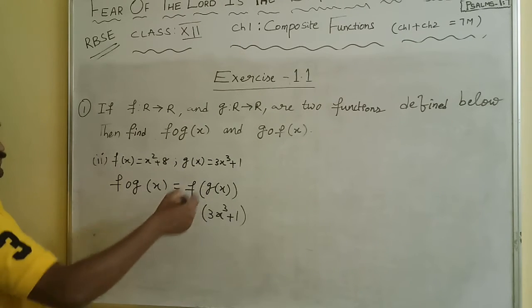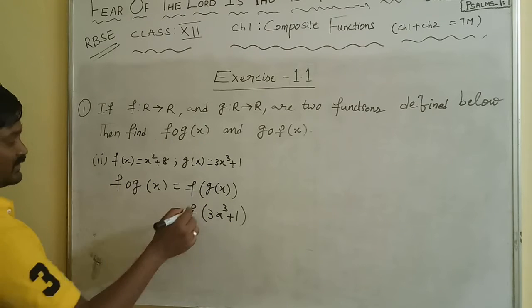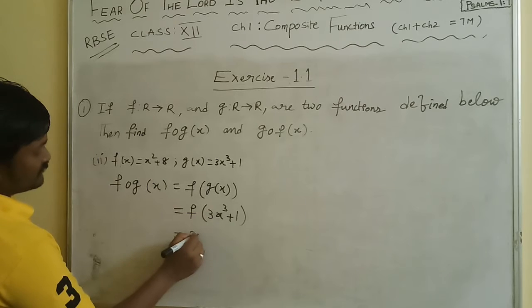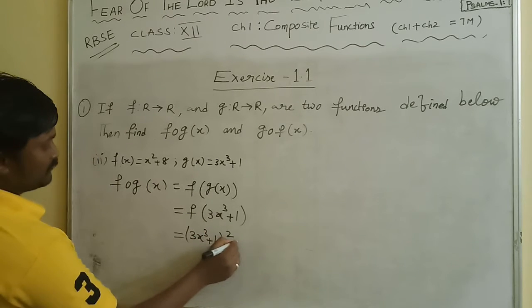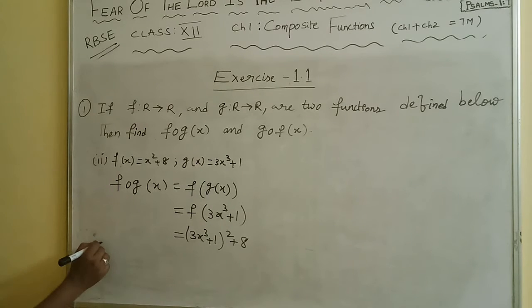Just substitute this. So when you substitute, what are you going to get? Here, wherever x is, substitute 3x cube plus 1: (3x cube plus 1) whole square plus 8. Now it is (a plus b) whole square. What is (a plus b) whole square?